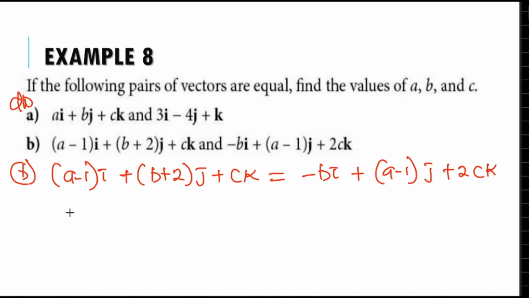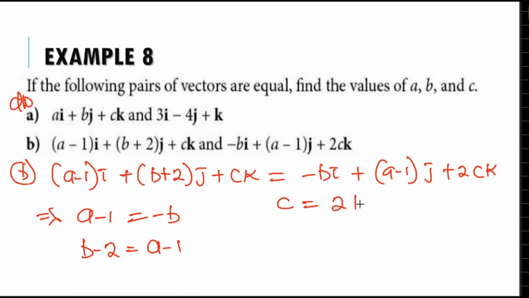Okay, so we are going to equate the components, i to i. The coefficient of i: a minus 1 will be equal to minus b. Coefficient of j: we have b minus 2 equals a minus 1. And coefficient of k, we have c equals what? 2c.